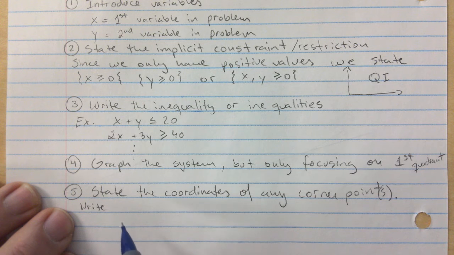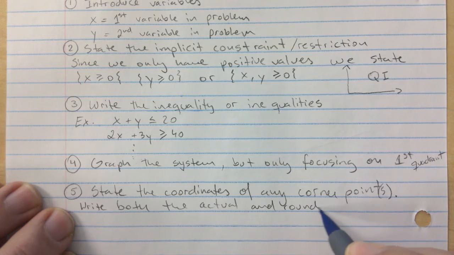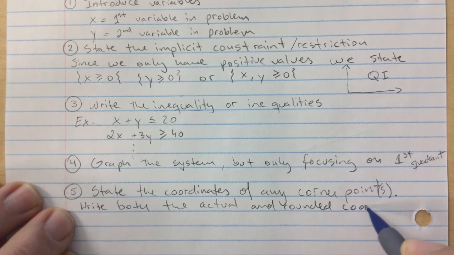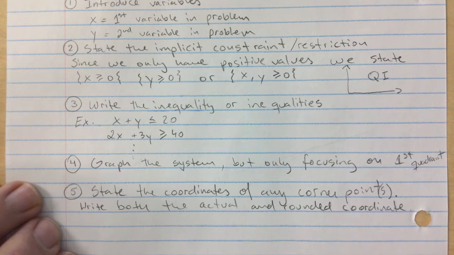Right. Both the actual and rounded coordinate. And by this I mean if it's a discrete set of data, then you will have to round. But I want you to write both the actual and the rounded coordinate side by side.